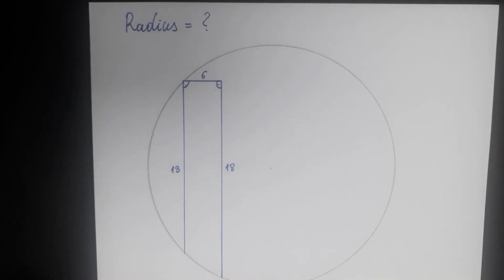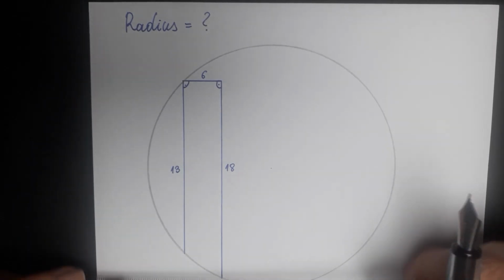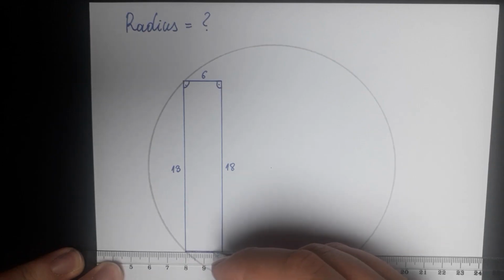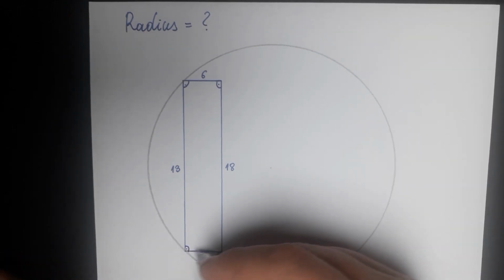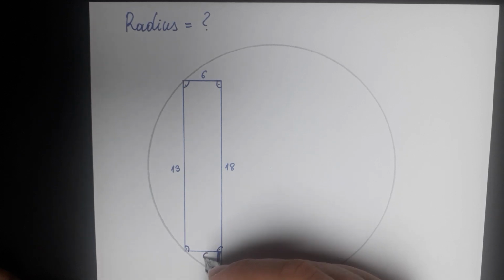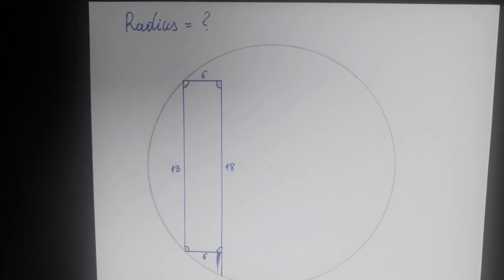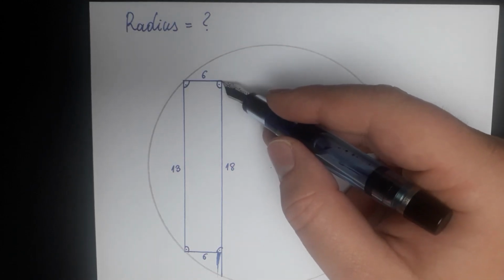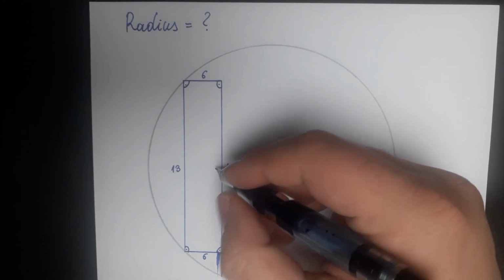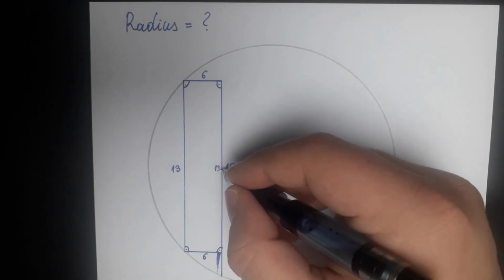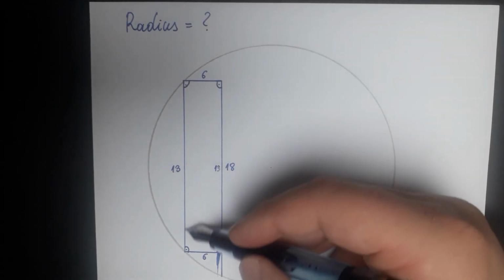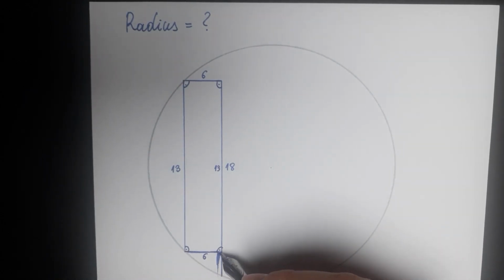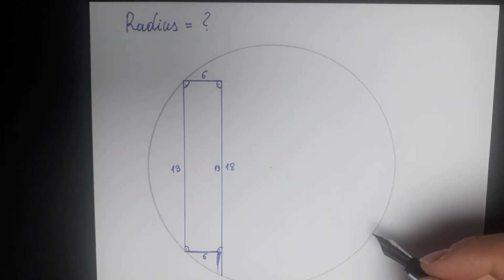To solve this problem, I will first draw this line, which will be parallel to the line of the length of 6. So these are the right angles, and it has the length of 6. We can now observe this rectangle with the length of 6 here, while this side here also has the length of 13 as it is parallel to this side of the length of 13, and this side of the rectangle has the length of 6.